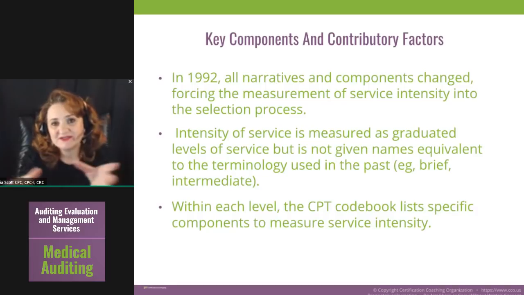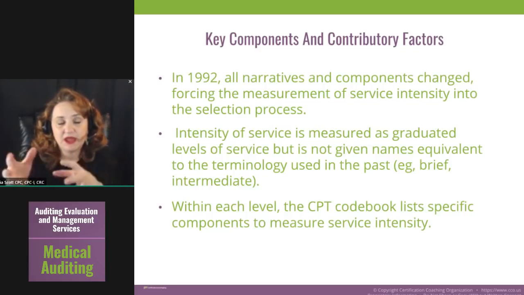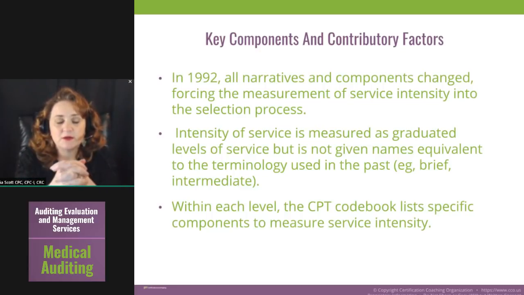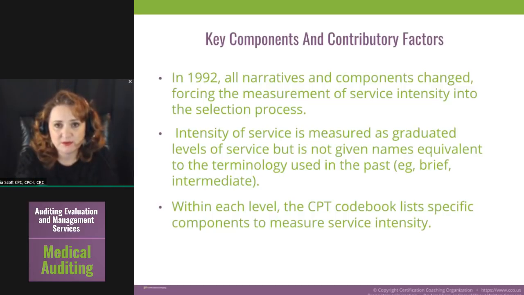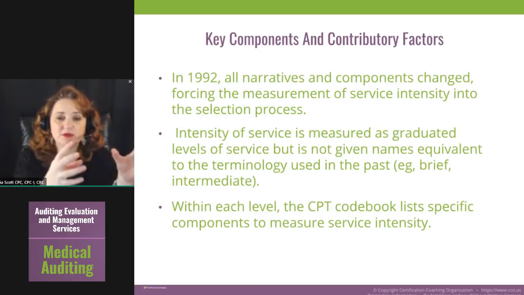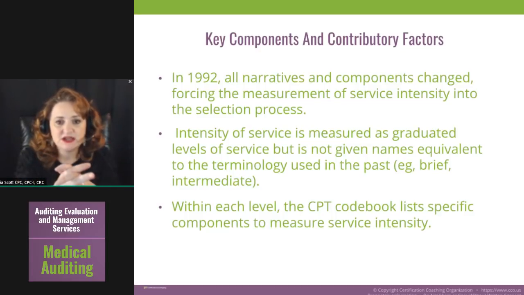We're kind of shifting back towards that with risk adjustment, but the evaluation and management became a larger component back then. So the intensity of the service was actually starting to be measured, not what was wrong with the patient and how many diagnoses the patient had per se, but it was the evaluation and management of all of those diagnoses.